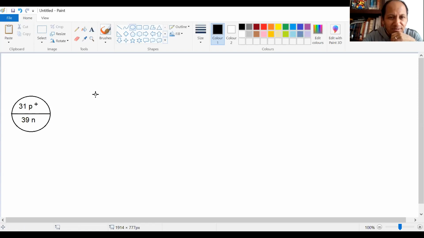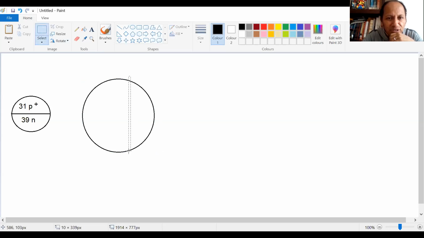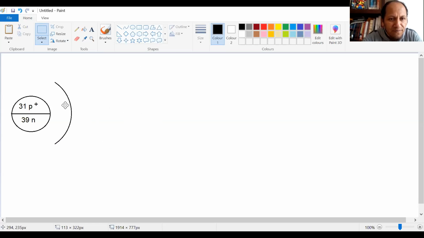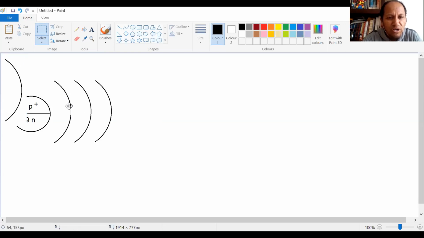So I'm going to cut part of the shell and draw just a small portion of it, something like this. I'm going to move it there, specifically there, and I'm going to put another one, 2, right? And then 3 levels of energy, and then 4 levels of energy.